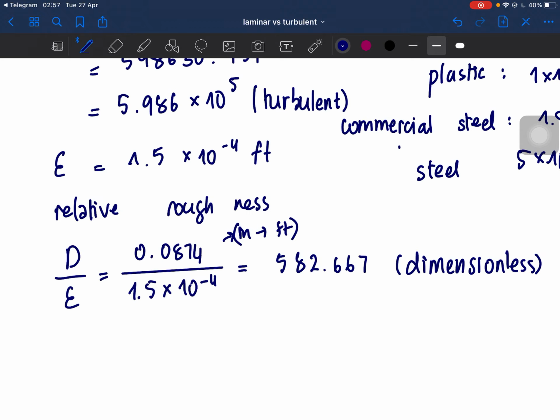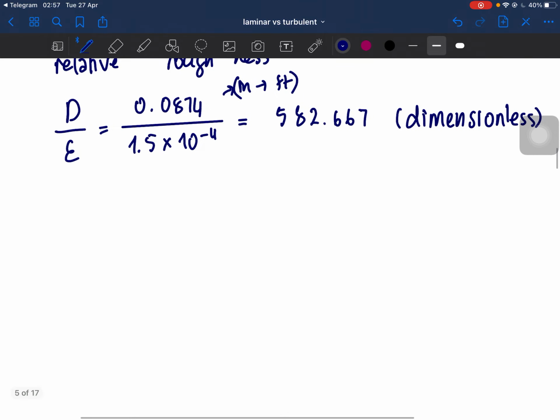So the Reynolds number, we look at the Moody diagram. Okay, so I will show you the Moody diagram in the next video. I'm actually looking at the Moody diagram on another screen.